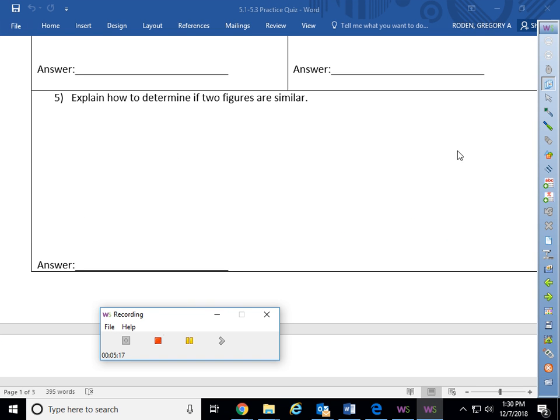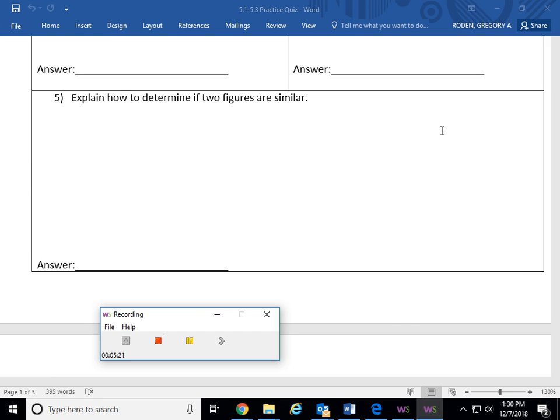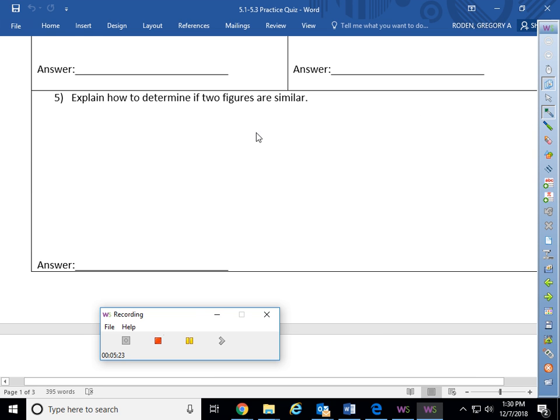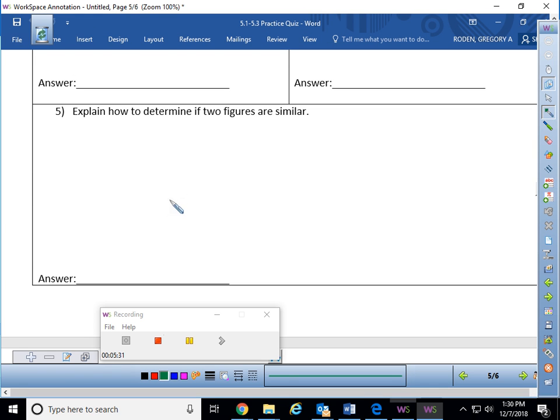Okay, now we're on number 5, and it says, explain how you know if two figures are similar. Well, what do we know when two figures are similar? We know that two figures are similar when they have two things.